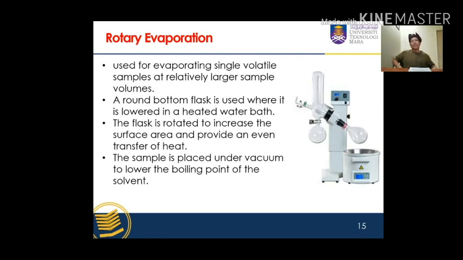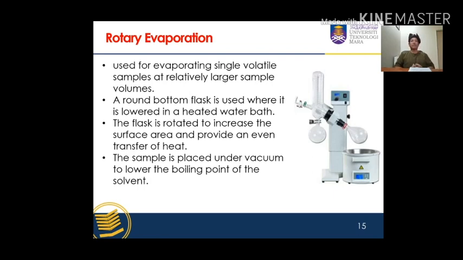A rotary evaporator or rotovap is found in almost any organic chemistry lab and is a great way to quickly evaporate most volatile organic solvents. It is typically used when evaporating a single volatile sample at relatively larger volumes.